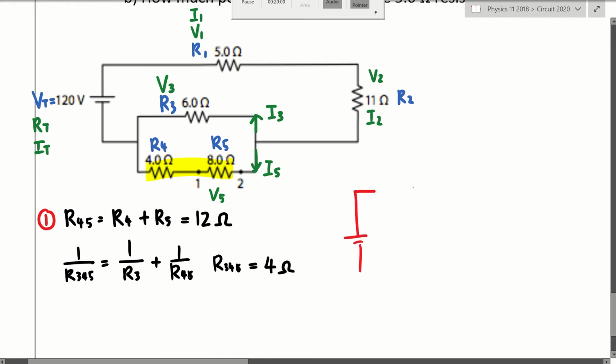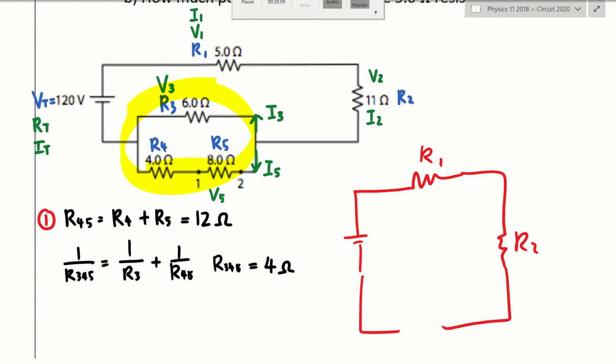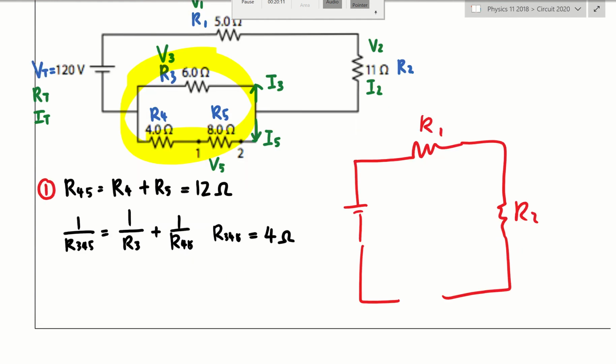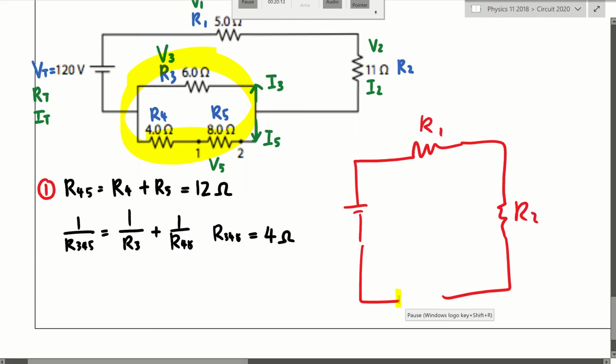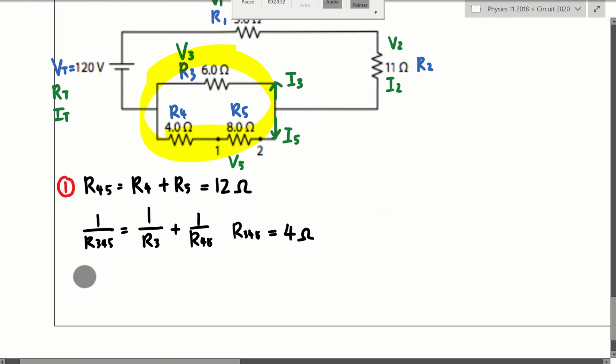We have the battery here, R1 here, R2 here, and I have combined everything in there into this one giant resistor, which is R345. Now, are these three resistors in series or parallel at this point? They are in series because you can go through all three of them without leaving your loops, right? So these are in series, so let's add them.